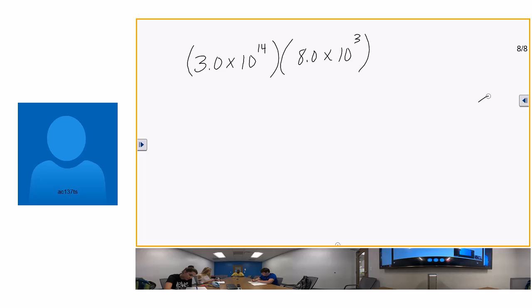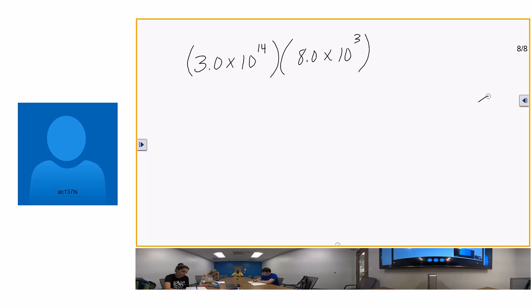When you have a multiplication or division problem with scientific notation, you multiply or divide the numbers, and then you add the exponents, because you are multiplying. When you multiply, you add exponents. When you divide, you what? Subtract exponents. So here we're multiplying. So what is 3 times 8? 24.